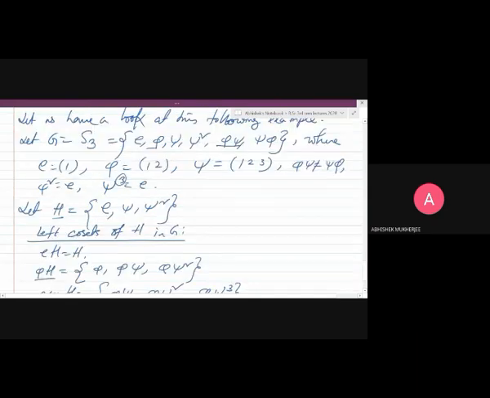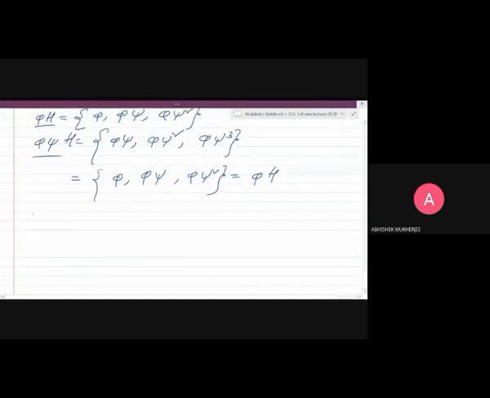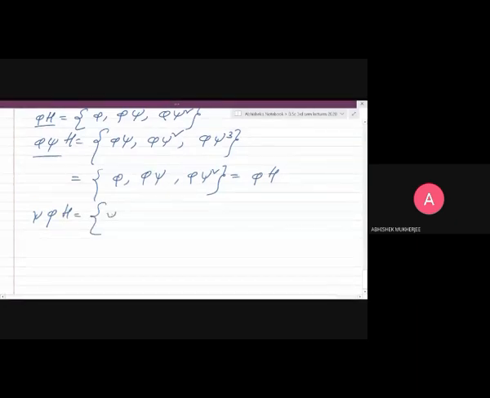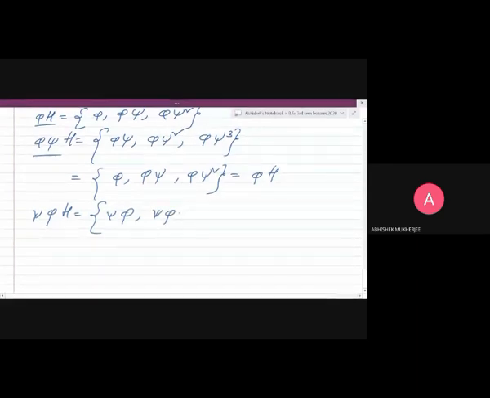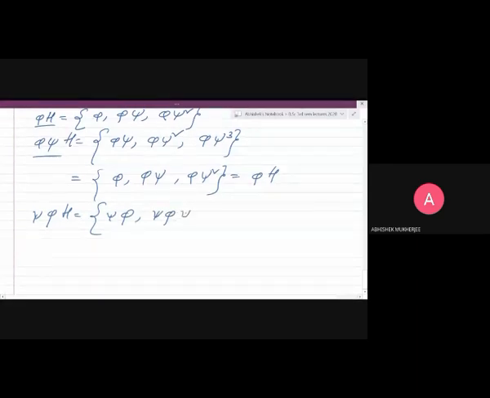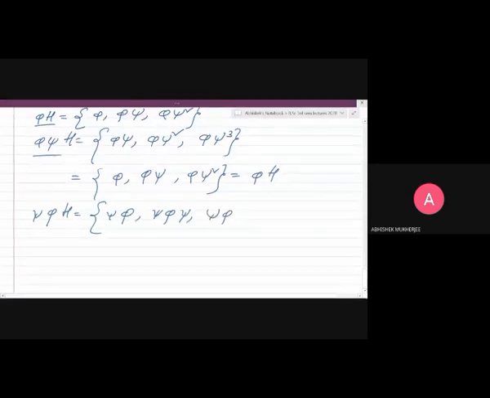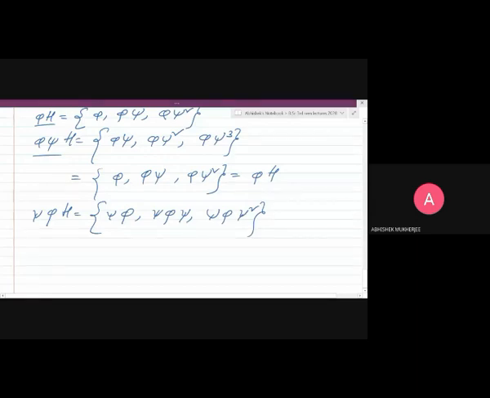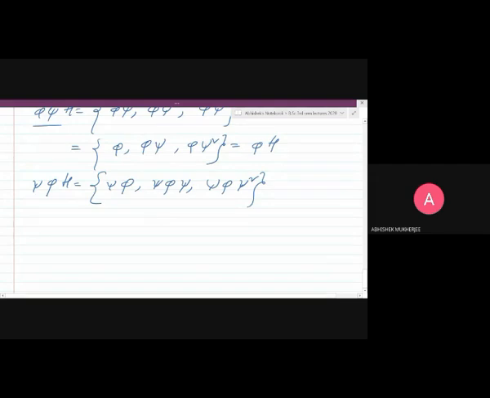Another one is psi into phi. That means psi phi, psi phi psi, psi phi psi square. Now what is that? What is this?